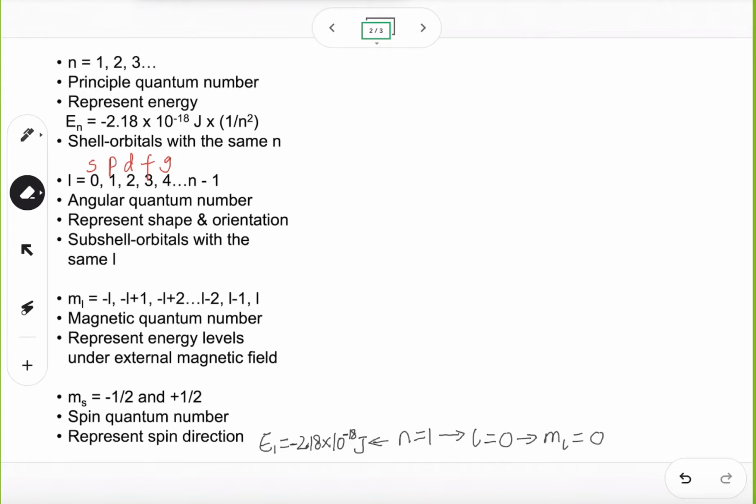All right, now it's time for us to think about the atomic orbitals. Here is the thing. The number of atomic orbitals is defined by the values of ML. In other words, how many values you have for ML is how many atomic orbitals you define. Since now you have only one ML value, only one atomic orbital can be defined.